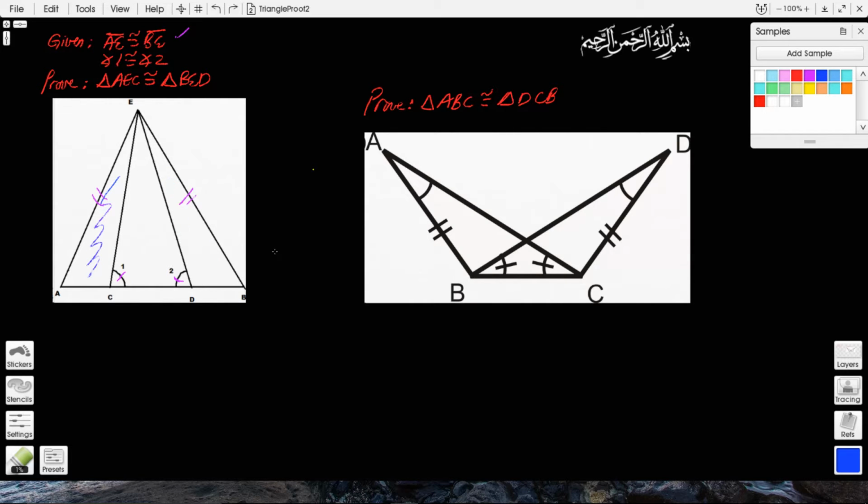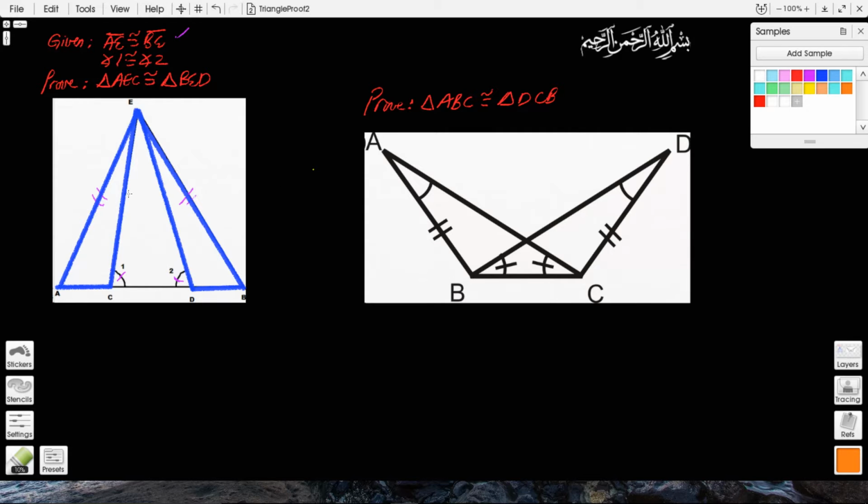Now, the first thing that we have to be able to do, as you recall, is visualize these triangles, the ones that you're trying to prove to be congruent. Because there's a lot of lines going on over here, the first thing you have to appreciate is which triangles you're going to try to prove congruent. So there they are. The given information here appears disparate, meaning it's not directly related to the problem at hand.